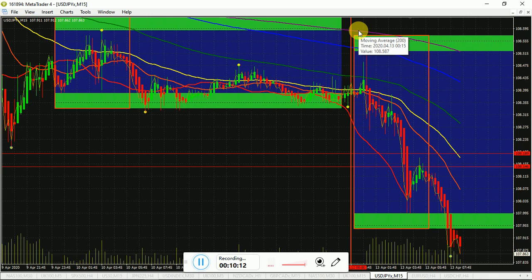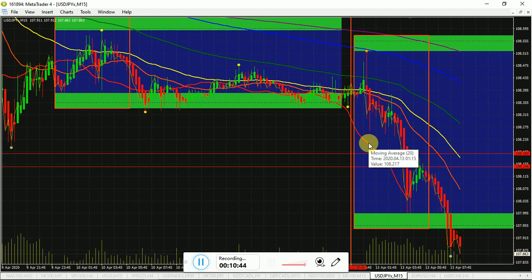Make your moving averages: you will have a moving average with a period of 200, then a moving average with a period of 100, then another moving average with a period of 50. Then you're going to have 25, then 13, and then you're going to have 20.